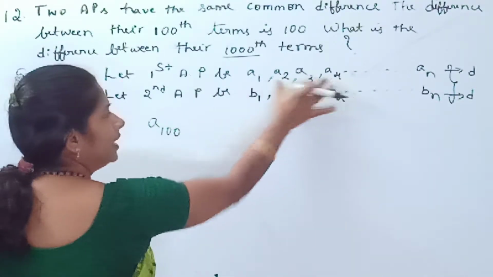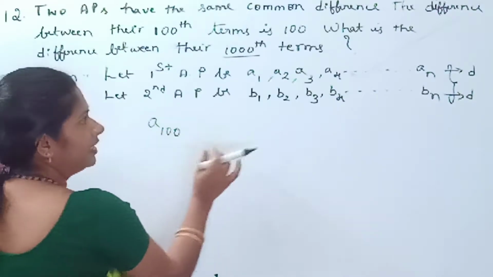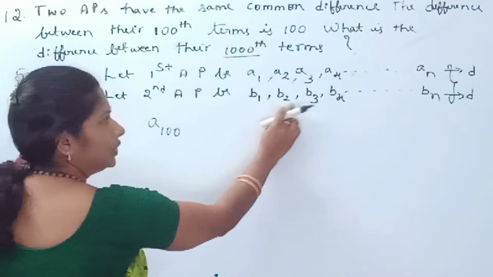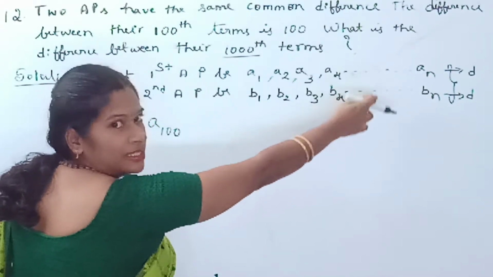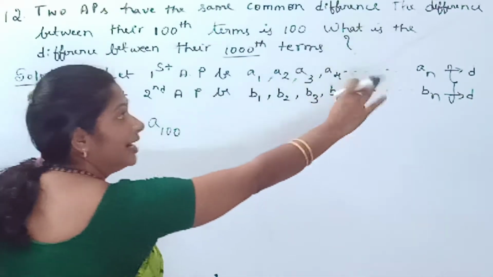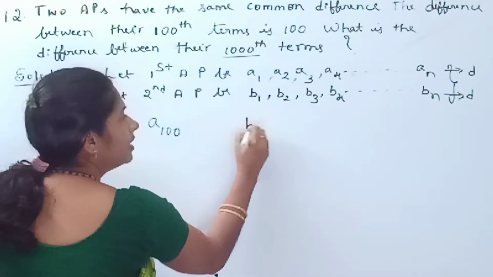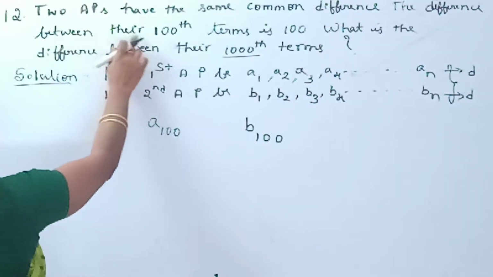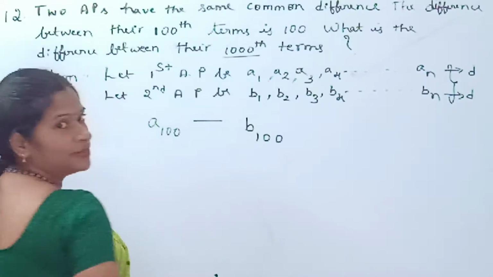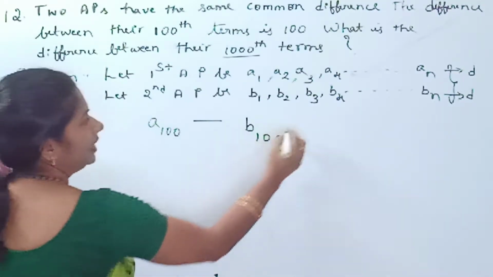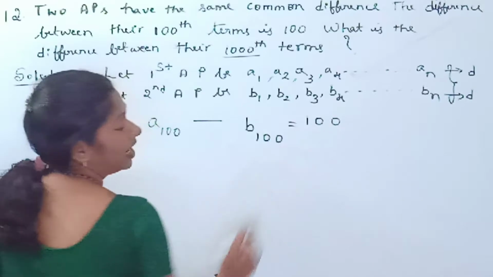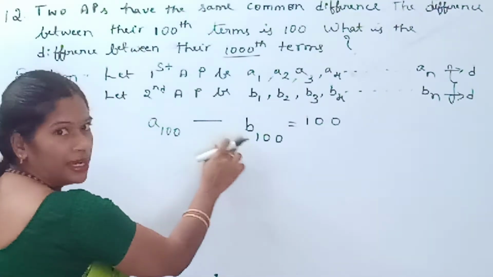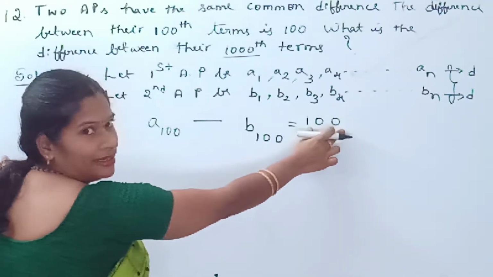Similarly, the 100th term of second AP is B100. By statement, you can write it as A100 minus B100 equal to 100.